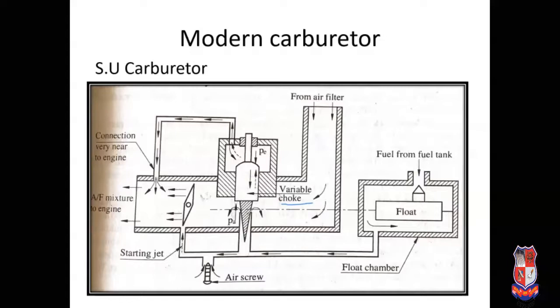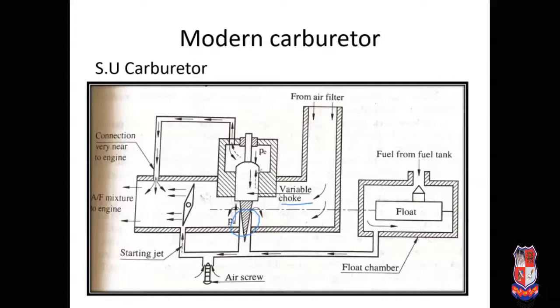So what is the purpose of the taper pin? The main use of the taper pin is that it controls the amount of fuel supply. According to the speed of the engine, the delta P varies. According to the suction pressure, this variable choke moves upward or downward.